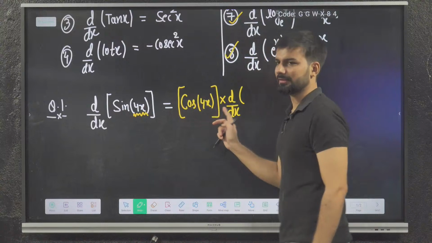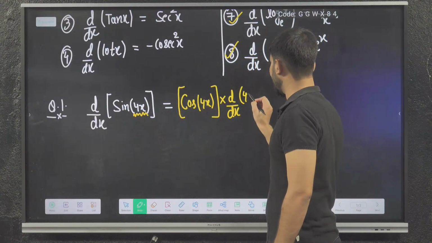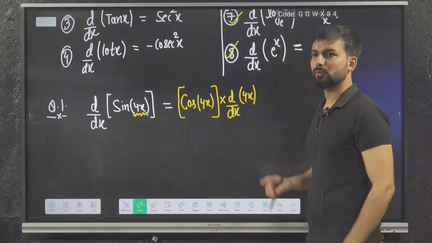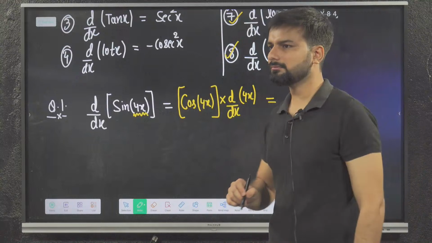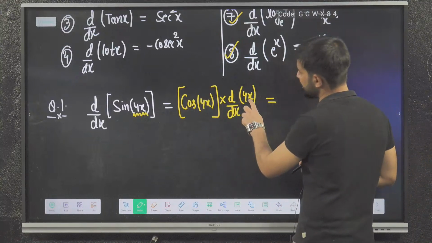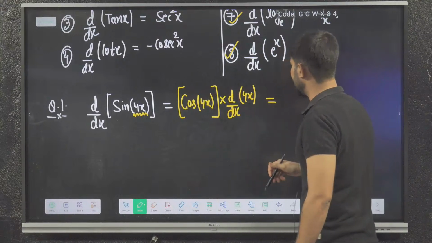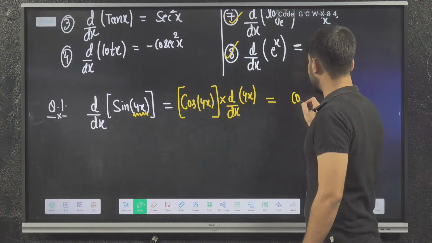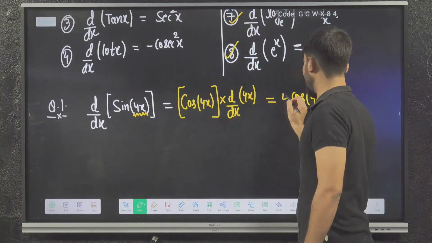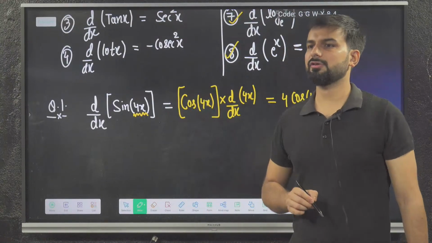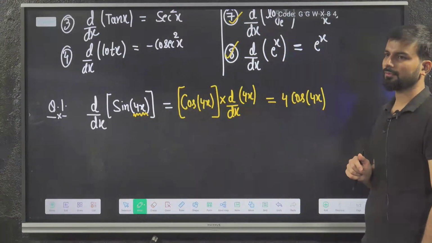I got cos 4x, but what is the differentiation of 4x? Since 4 is constant and the differentiation of x is 1, I get 4. So the answer is cos of 4x, multiplied by 4. This is the differentiation of sine 4x.